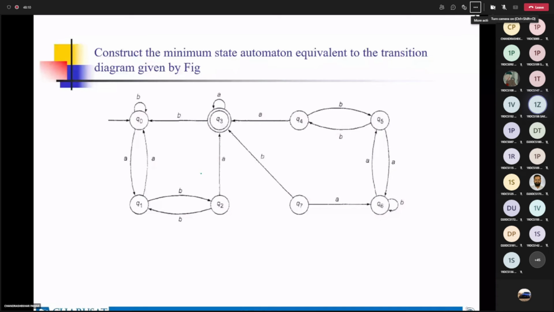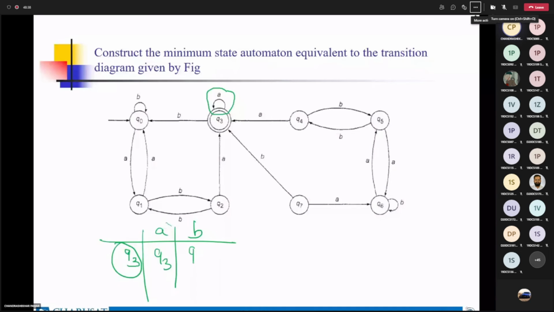Okay. So we can write down like this: Q3 with input A, with input B. This is a final state, it is on itself, and for B, it is on Q0. So in this way, we are going to obtain the table.